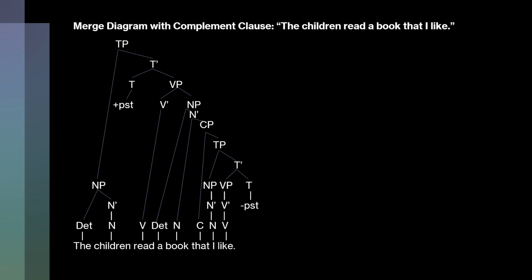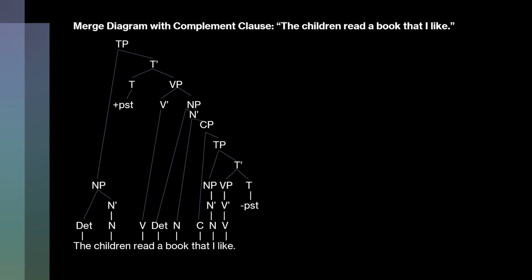There's a verb phrase that is not past. It's in present tense, right? And that its subject is "I," which is a noun, noun head, noun phrase that connects together in this sentence, "I like," which is inside the clause, "that I like," which is a complement of the noun head "book."